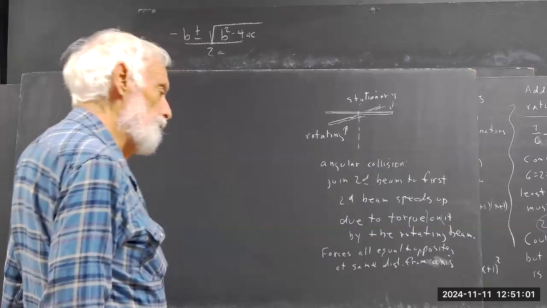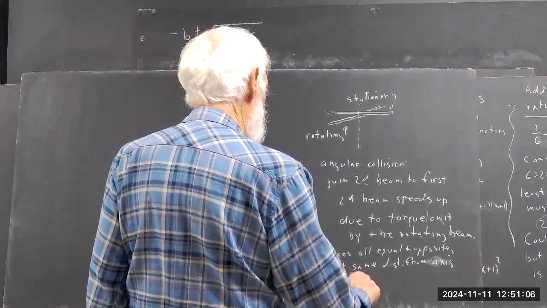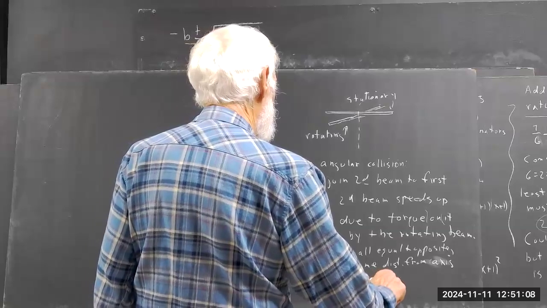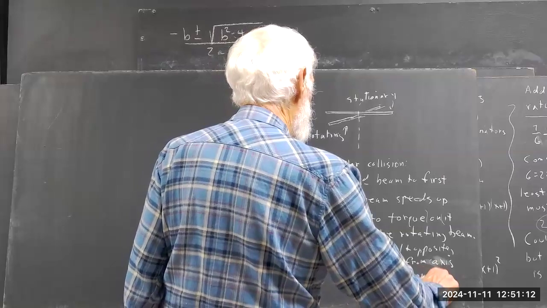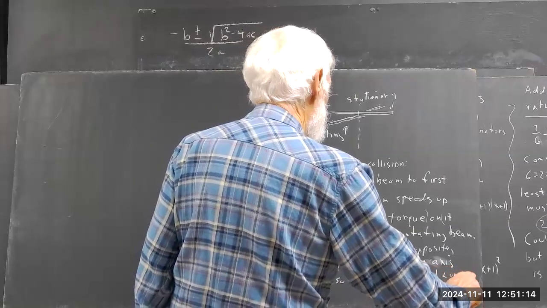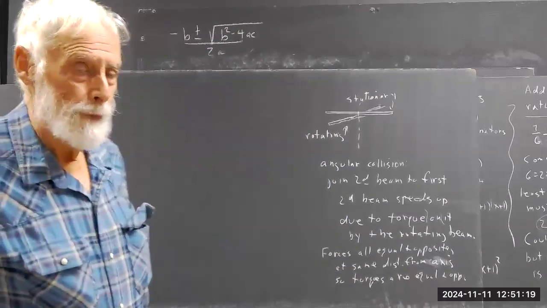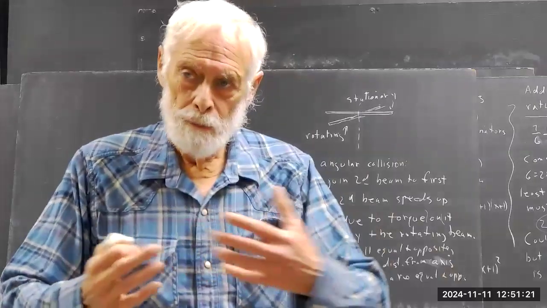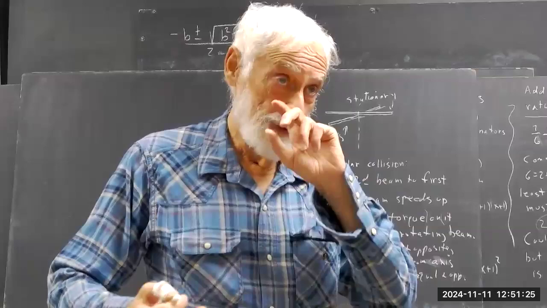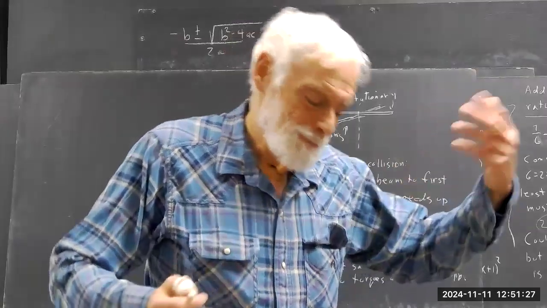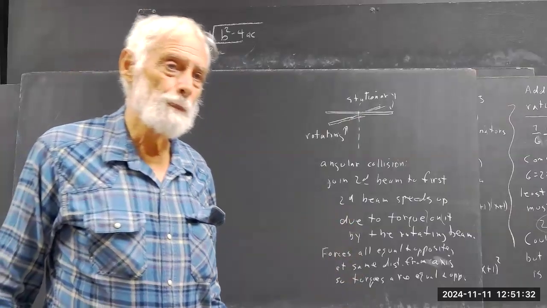I'll just say it's the same distance from the axis. So the torques are equal and opposite. Now, that whole argument is necessary to completely understand what's going on here. At the level of trust, you can say, well, okay, the forces have to be equal and opposite.